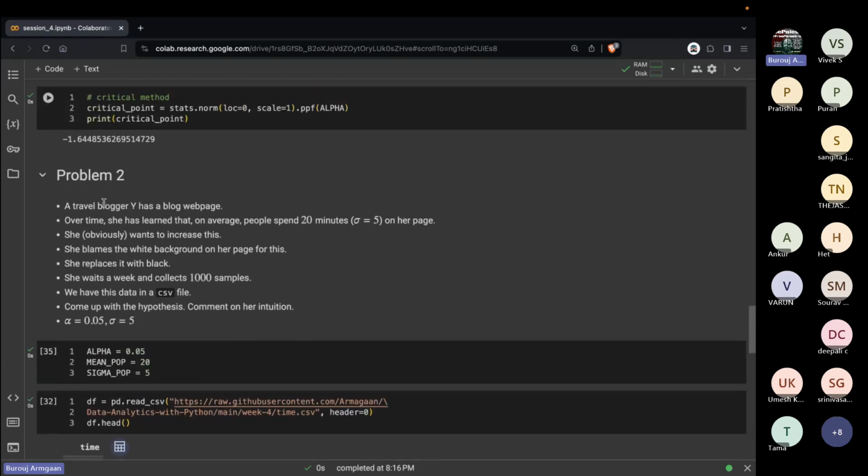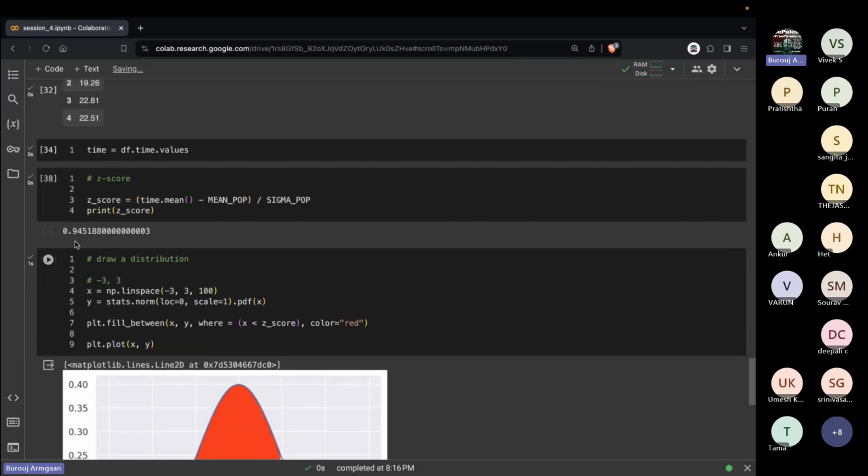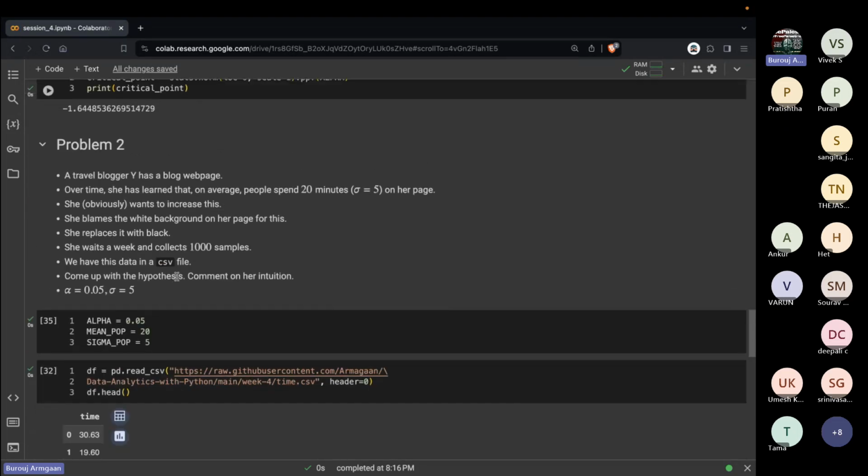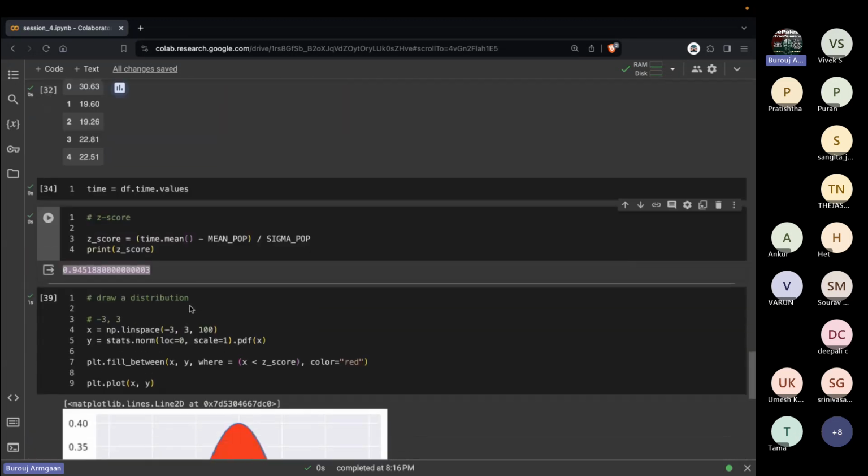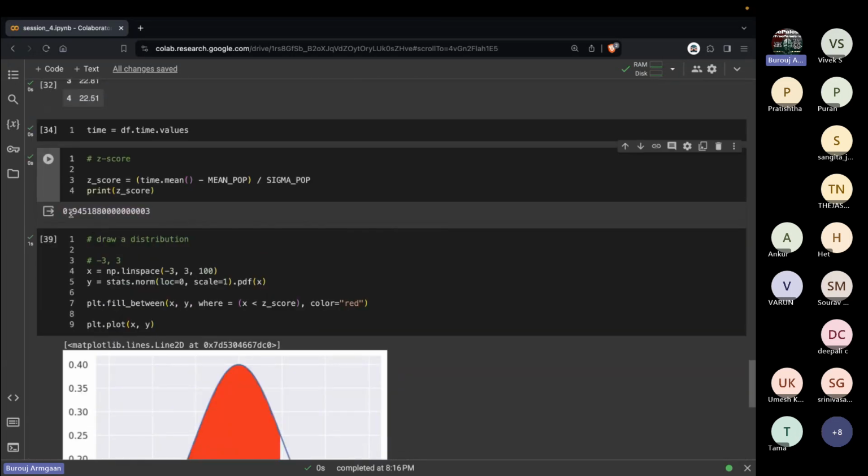So the point is, the blogger said that she has a mean 20-minute viewer time when the background was white. She changed it to black, and the sample shows us that the time has actually increased. So our null hypothesis is that the mean time remains 20, and our alternate hypothesis is that the mean time is at least this value.